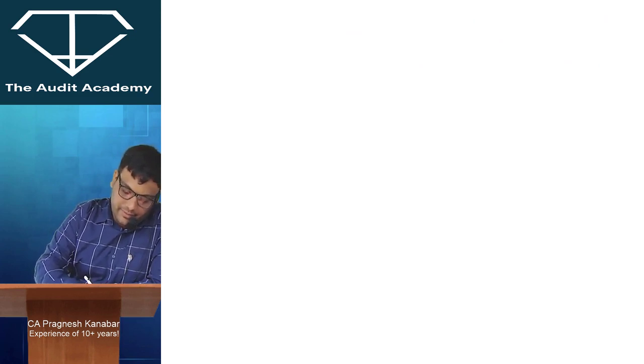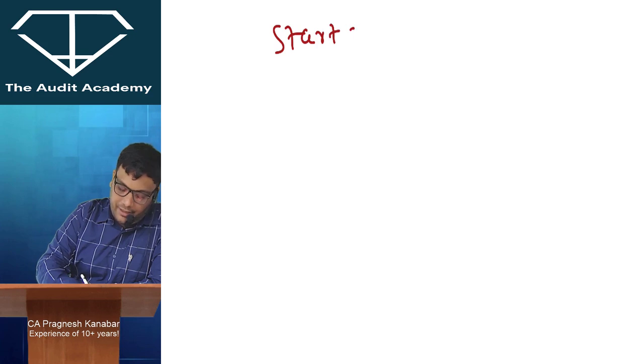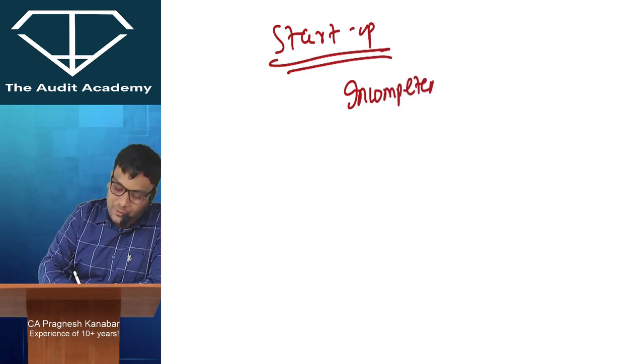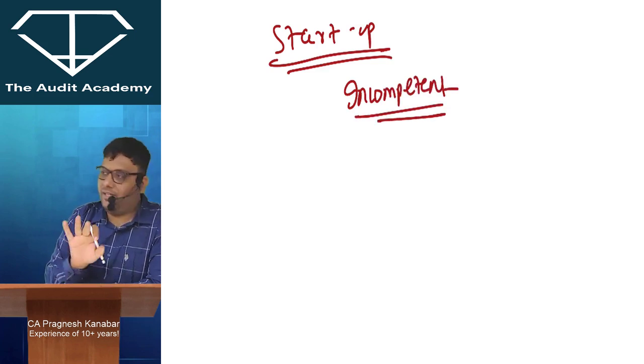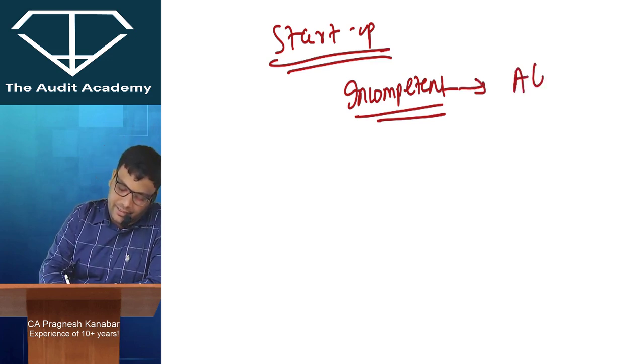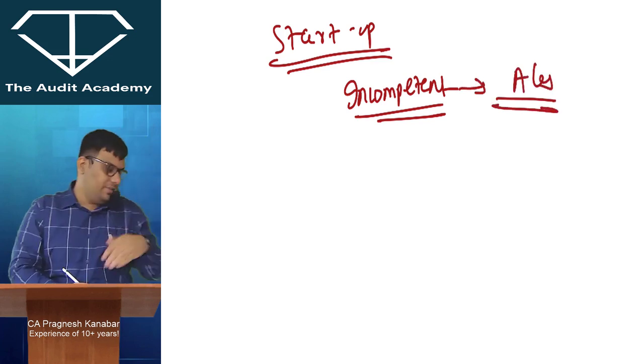let us say that you are auditing a startup entity. In a startup entity, there is always a risk that management could be incompetent. Engineers are very competent in their own products, but there could be high incompetency when it comes to accounts. They may not have the budget to appoint a CFO.